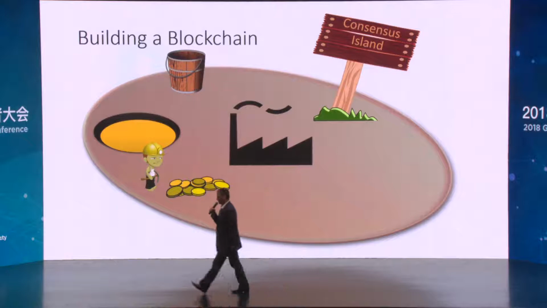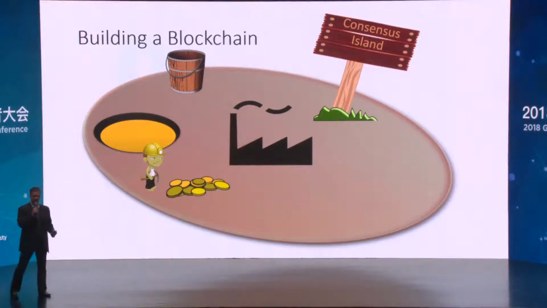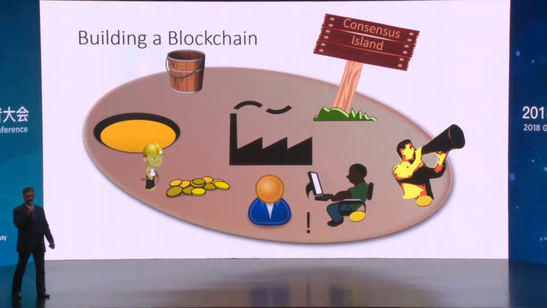Now our miner, or block producer, has tokens for himself. That'll probably attract some other users to the island because that's pretty cool technology, right? So the block producer can now take those tokens and move them around to others. We've got marketers, other developers, traders, all sorts of interesting people here.